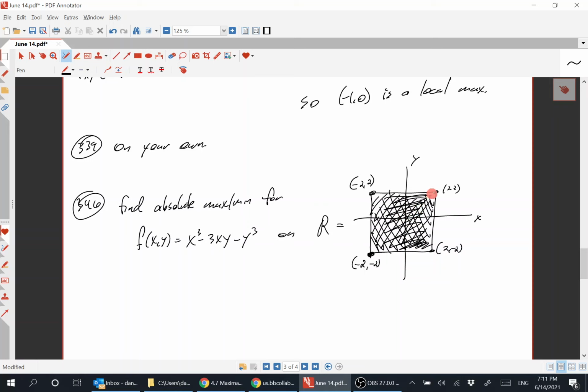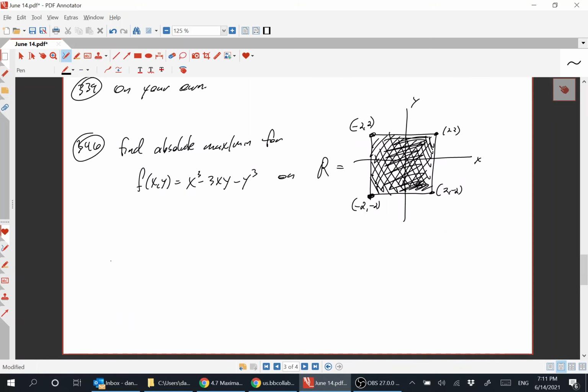But on the boundary, the two-variable function reduces to a one-variable function. And finding the maximum and minimum of a one-variable function on a bounded interval, that's from Calc 1, right? So step 1 would be to find the critical points in the interior of this region.